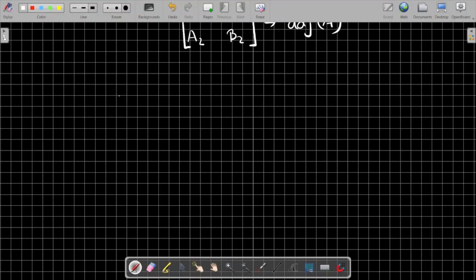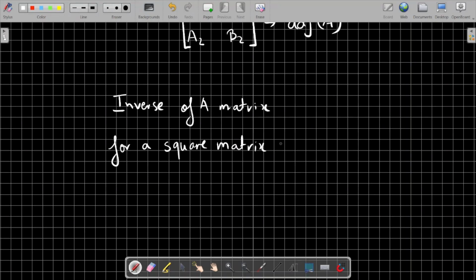Now, inverse of a matrix. So for a square matrix A, if another matrix B exists such that AB equals BA equals I. Now this is really important bit of the inverse.